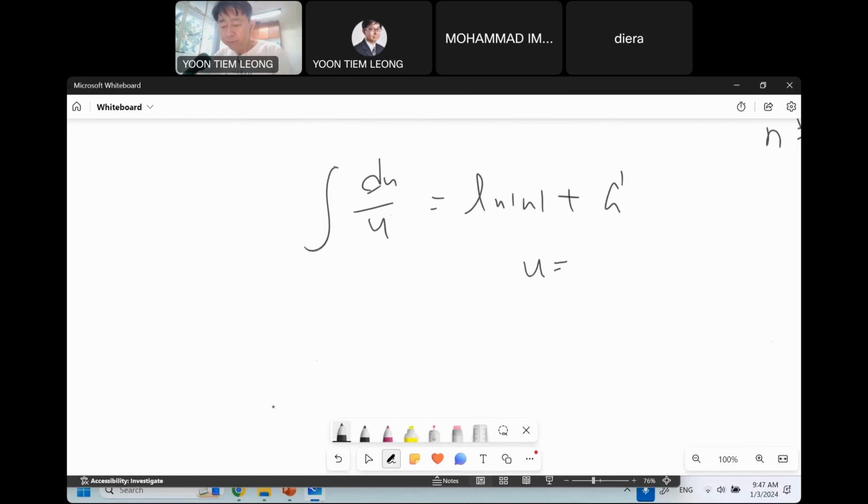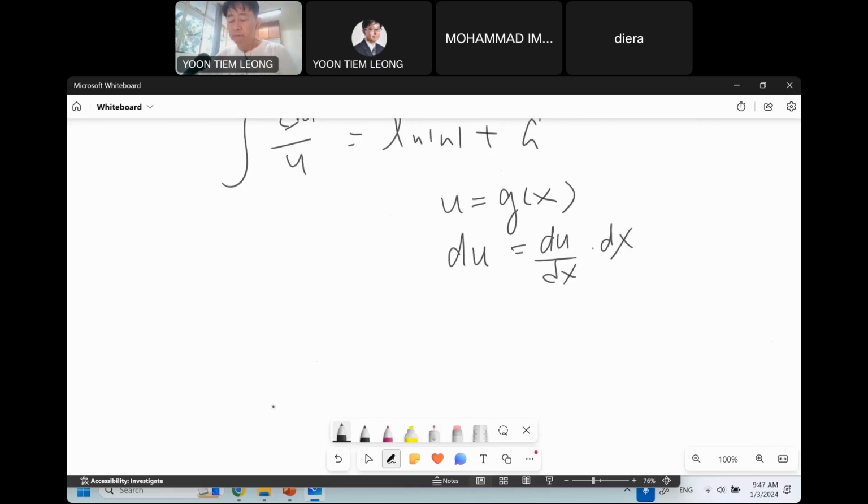Once you have this very simple relationship, then you can proceed a little bit further. Let the function u be expressed in terms of g(x). Then when you take the differential of u, that is du/dx times dx. So this is the definition of the differential.